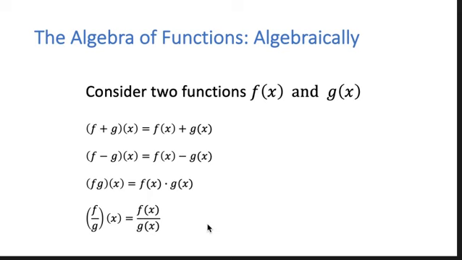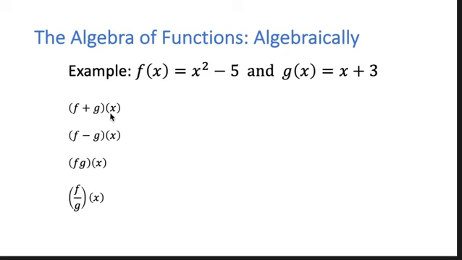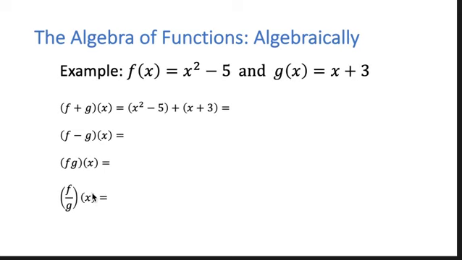Now let's look at a specific example when we know the value of f of x and g of x. So for example, we have these two functions defined as f of x is x squared minus 5 and g of x is x plus 3. So we're going to go through and find f plus g, f minus g, f times g, and f divided by g. The first one, f plus g of x, is f of x plus g of x.